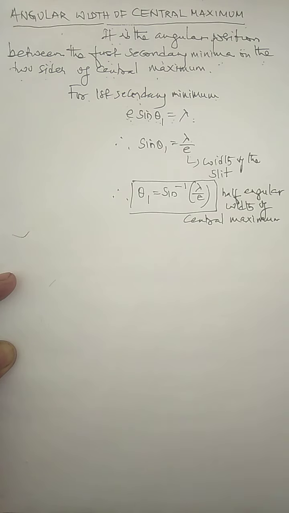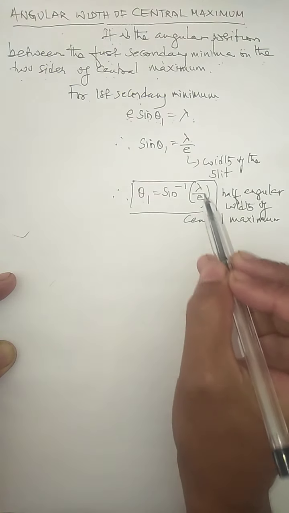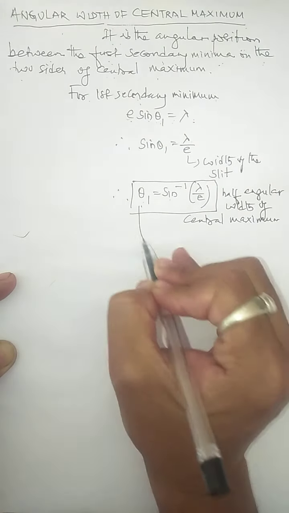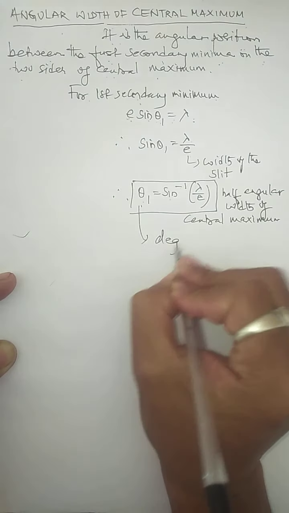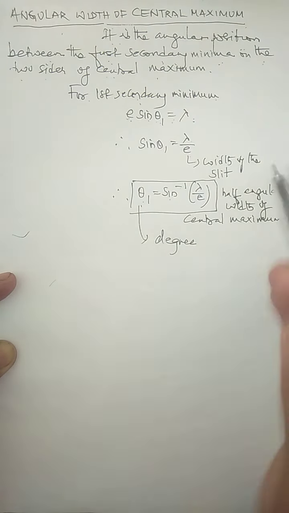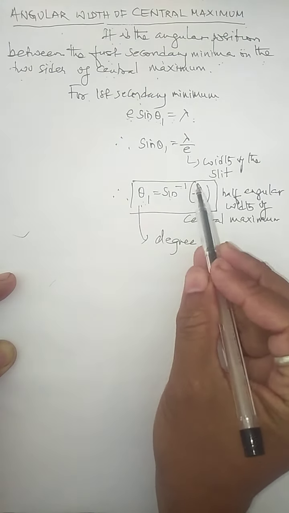But the expression of half angular width means theta 1 equals sine inverse lambda by e. And we measure this angle in degrees. So half angular width, also called semi-angular width, is given by theta 1 equals sine inverse lambda by e.